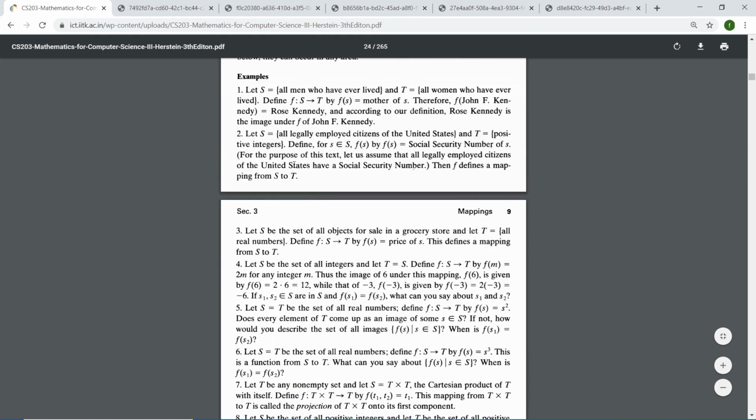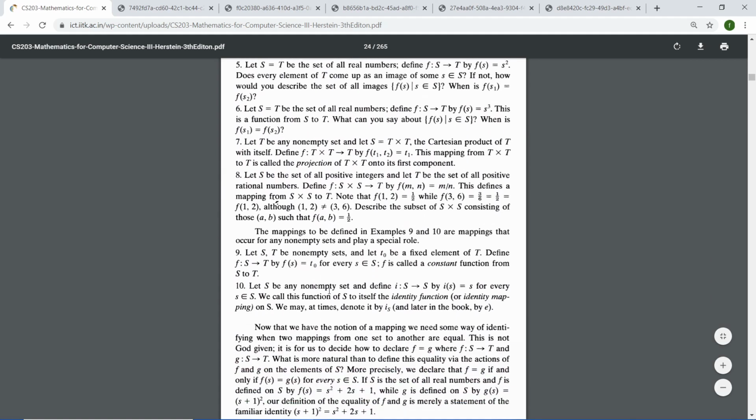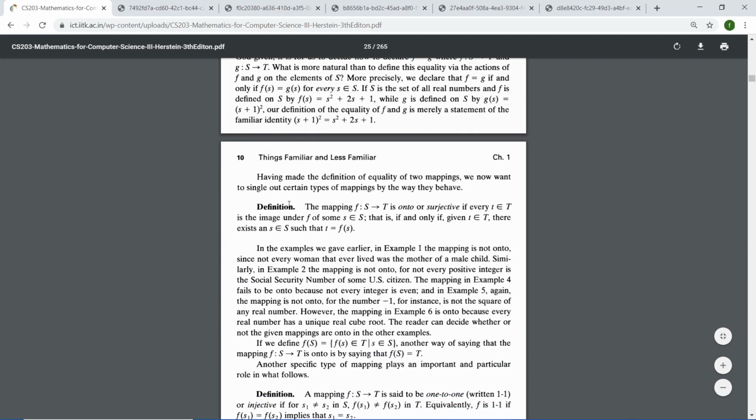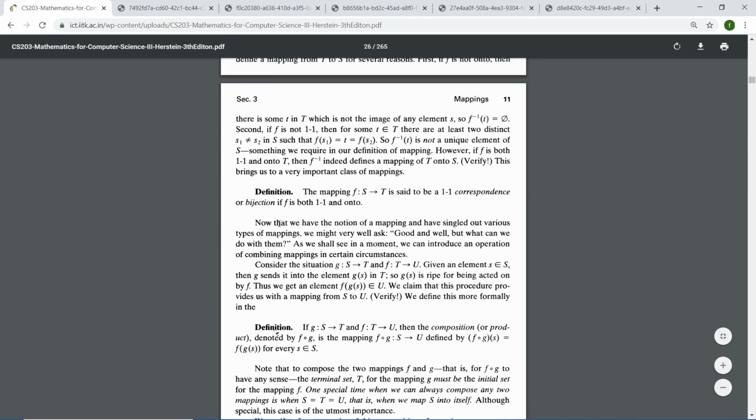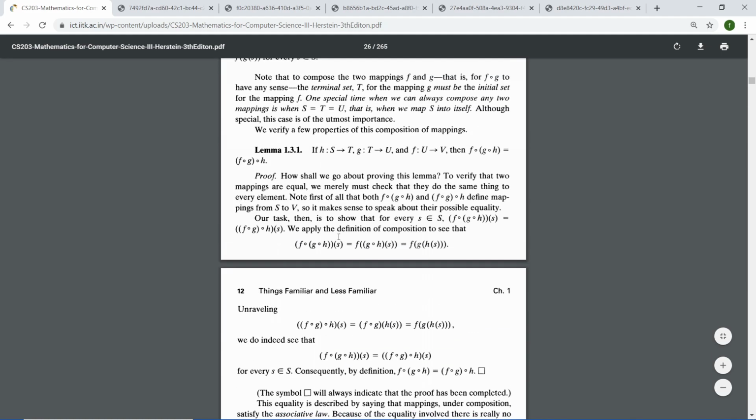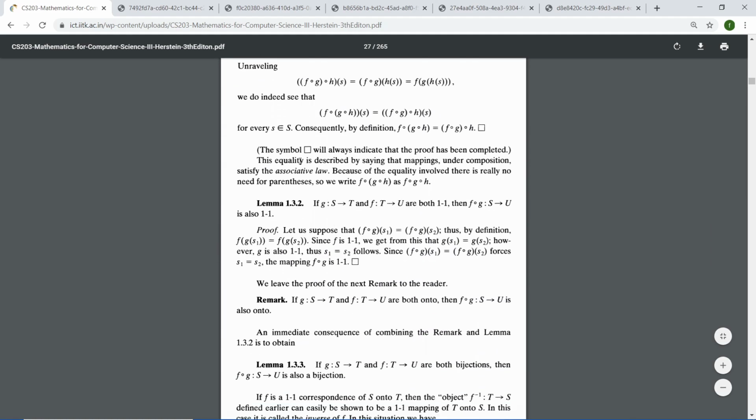Here are 10 examples, and then the author tells us which mapping is onto, or surjective, and in which examples it was according to this definition and which weren't. Then there are a lot of definitions that I'm going to have to reread tomorrow just to be sure, and some that are left as a proof to the reader.